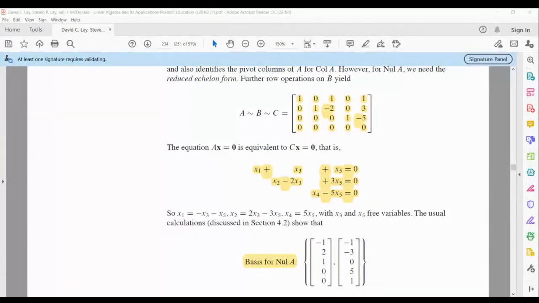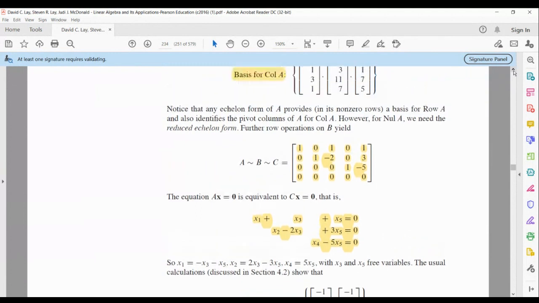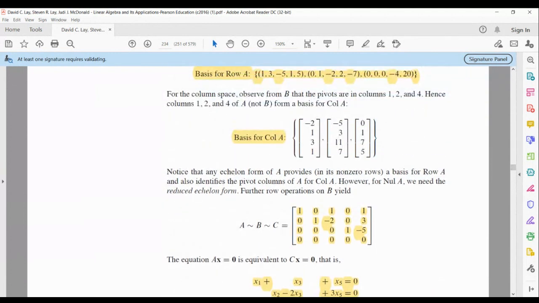The dimension of the null space of A is 2. Good, Nafani. Good, Benjamin. Now, if we look at the basis for the column space of A, what's the dimension of the column space of A? 3. Good, Nafani. And 3 plus 2, by the way, equals 5.